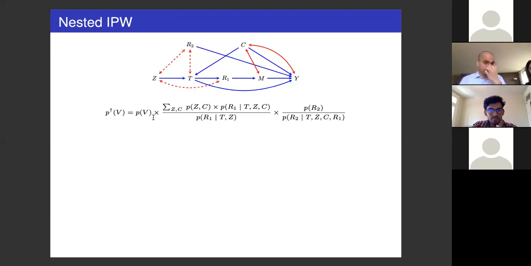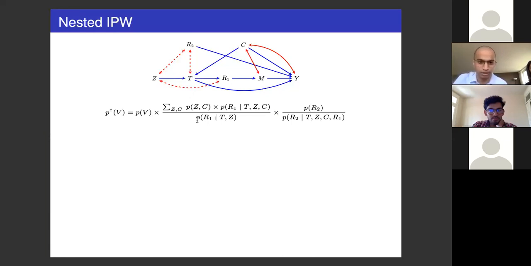It's obtained from the observed data distribution by some sort of rebalancing operations using weights involving R1 and R2. This looks a little bit intimidating, but let's just walk through it. This ratio here is dedicated to rebalancing R1.